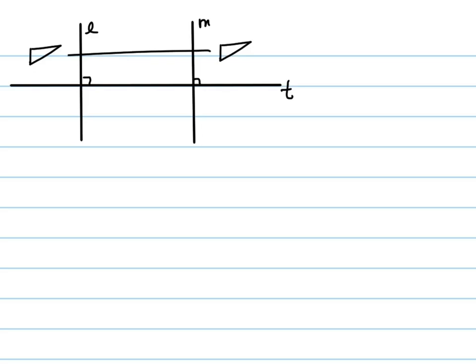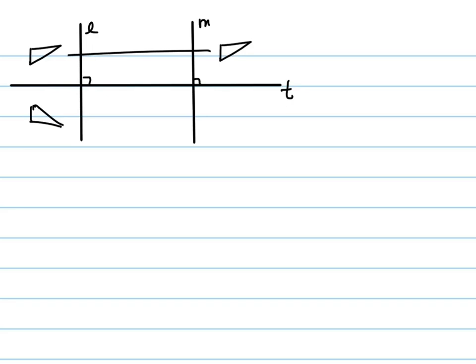All right, and then it reflects again over line t. So we end up getting the image to be down here, something like that. Okay, so it's glided and it's reflected. It's a slide transformation.